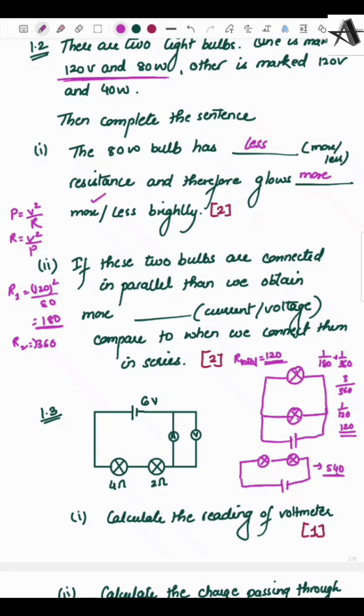In that case, we know that current is inversely proportional to the resistance. So whichever connection has the lower resistance will have the higher current, obviously. So in this case, when they are connected in parallel, we definitely obtain more current as compared to when we connect them in series. Plus their rating, if we compare them, is the same, so we are assuming the potential difference to be the same in that case.